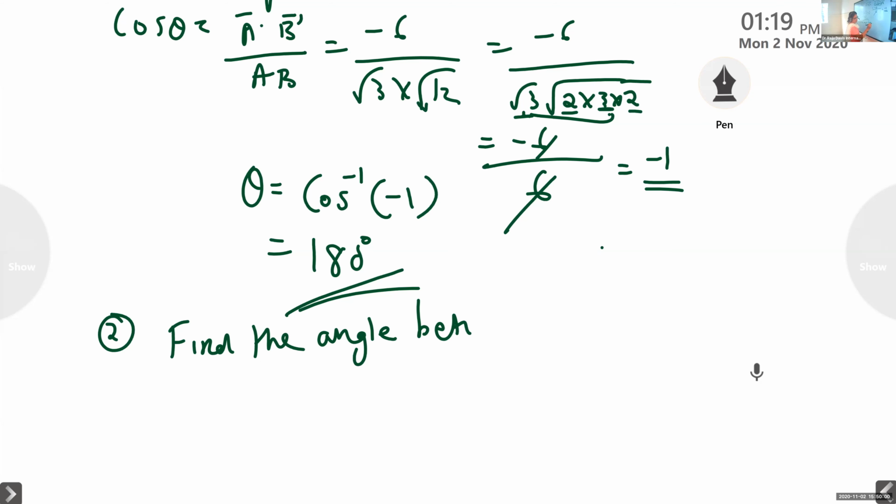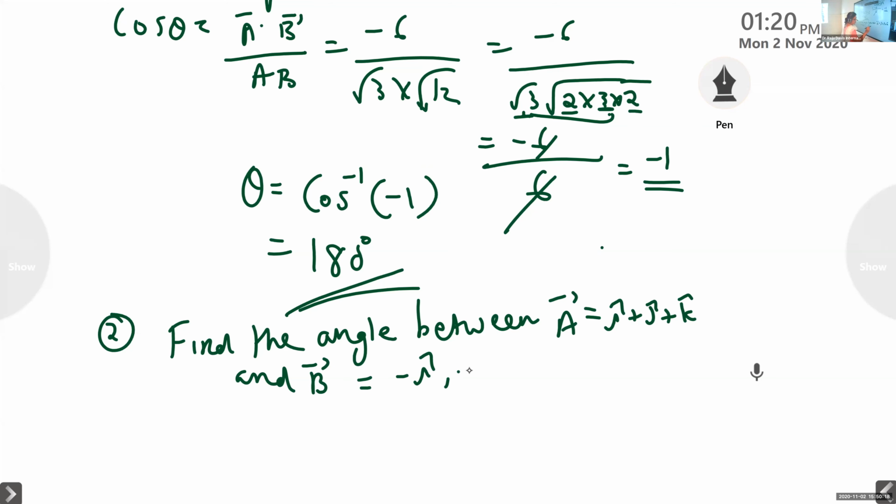So find the angle between vector A equal to I plus J plus K cap, and B equal to minus I minus J minus K. Now minus 2K, not the symbol K, minus 2K.